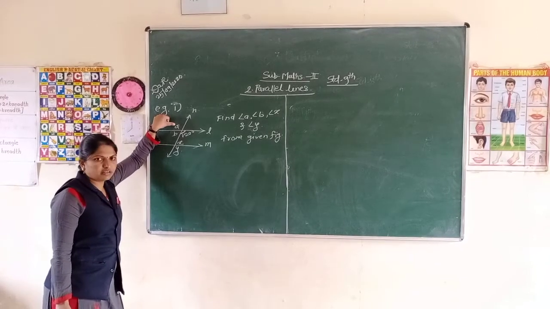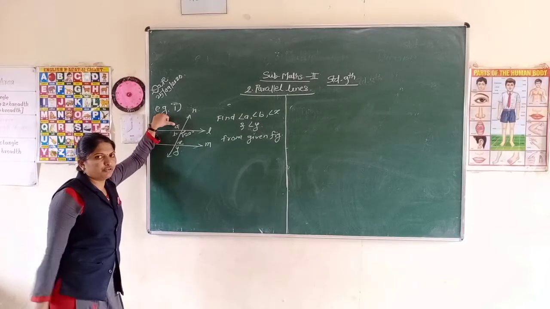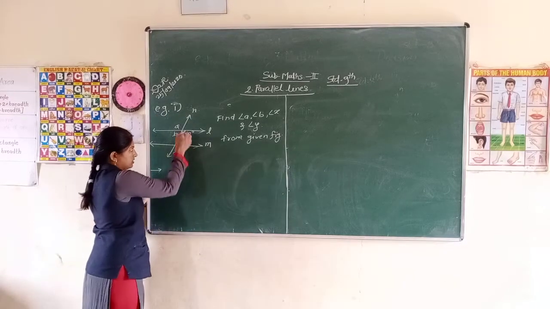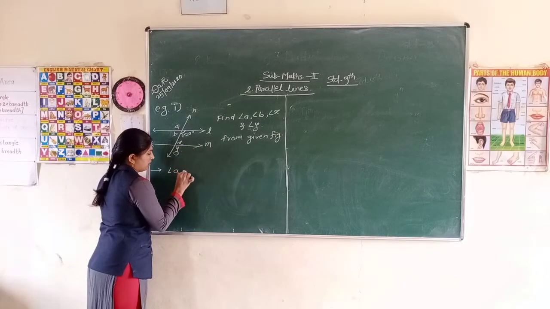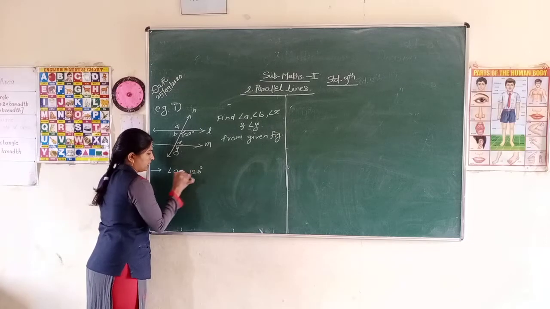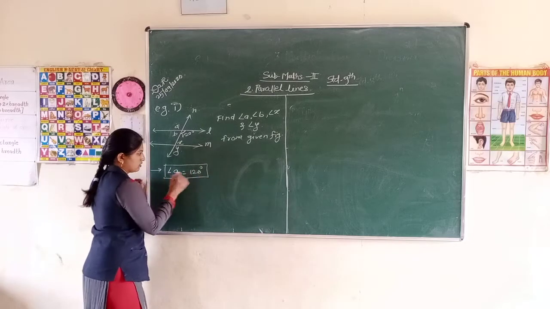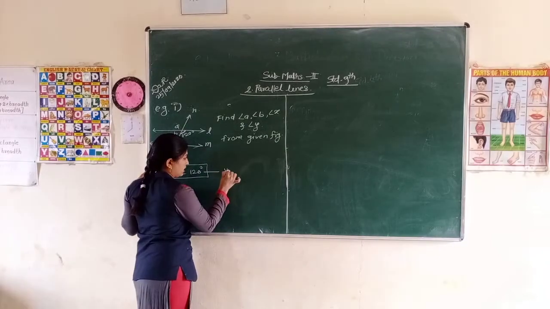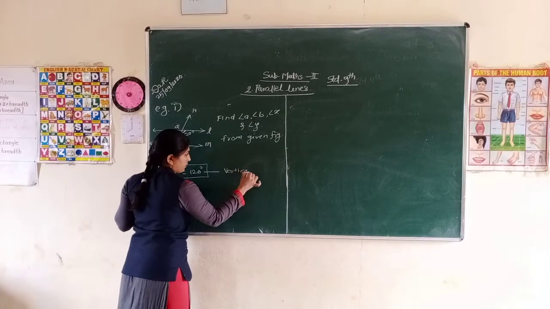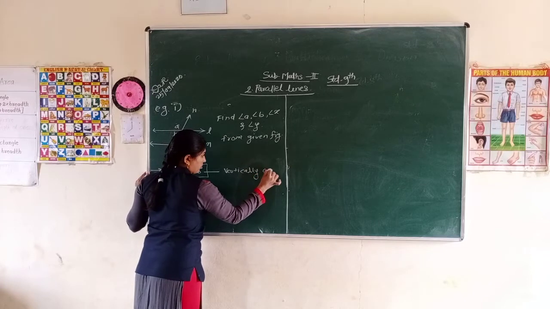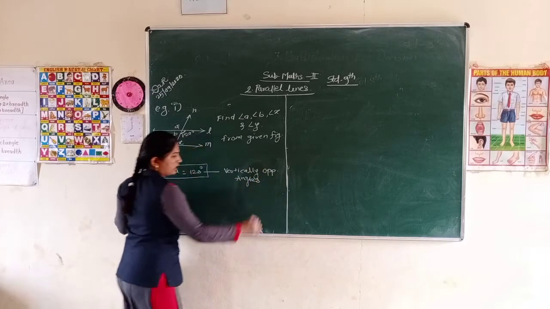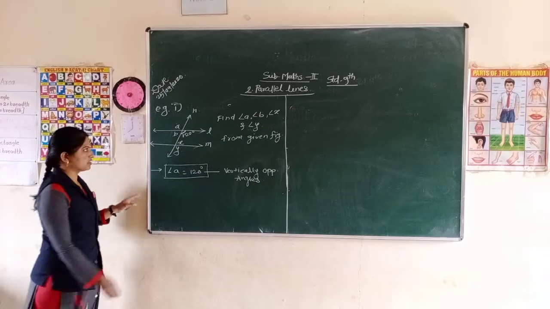You studied that theorem in your first lesson. Therefore, firstly write angle A equals 120 degrees and write the reason for this: vertically opposite angles.